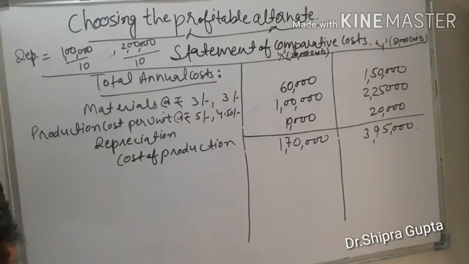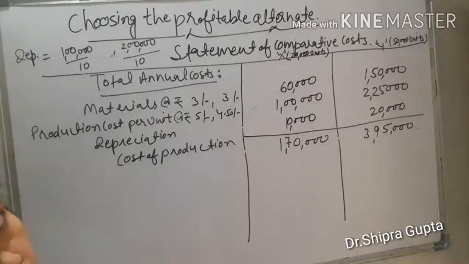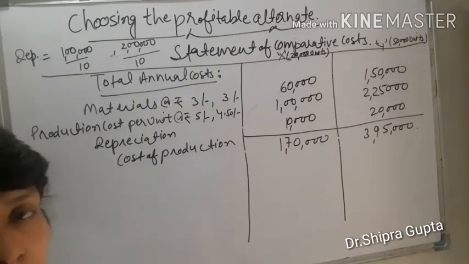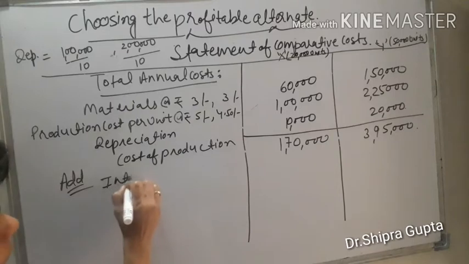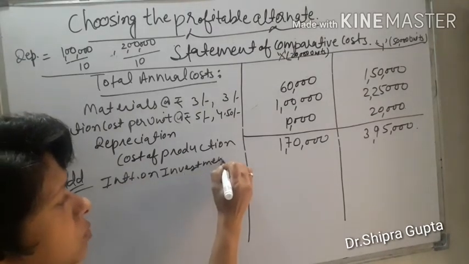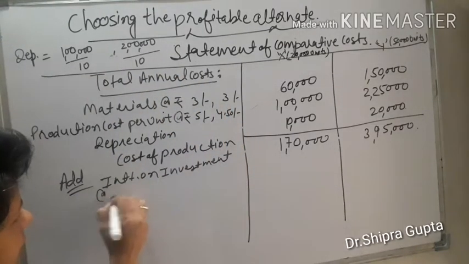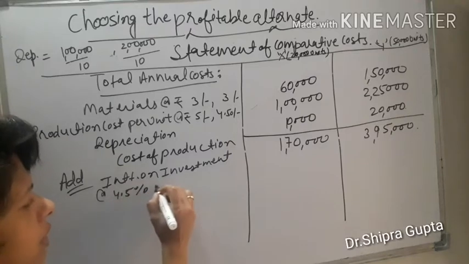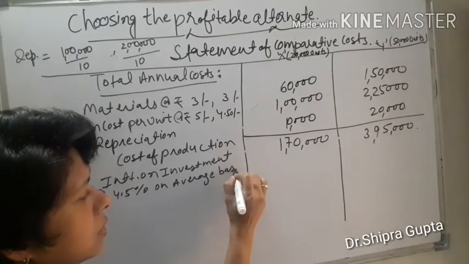As per the question, the interest rate is given as 9% per annum, but there are two machines here, so we will take the average, which will be 4.5%. So we add interest on the investment of 1 lakh rupees and 2 lakh rupees at the rate of 4.5% on an average basis.